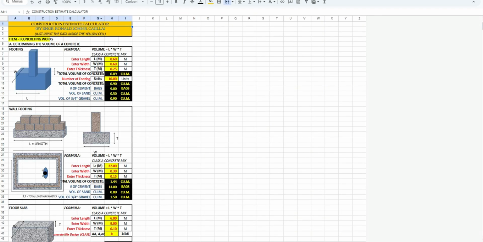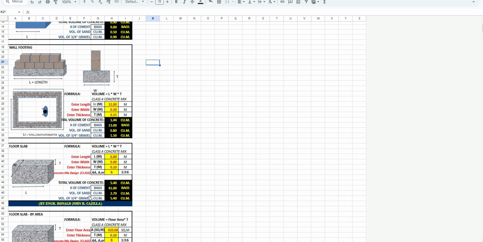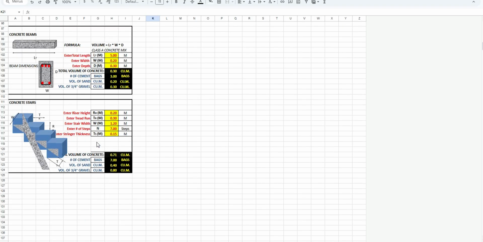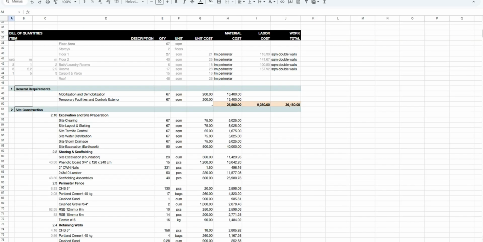Now you can see online other people are also teaching how to estimate with Google Sheets and Excel calculators. If you put the length, the width, and the thickness, and you know how many of them will come out for concrete. And because I work as my own project manager and sometimes as consultant for other developers, we also have different types of construction methods.